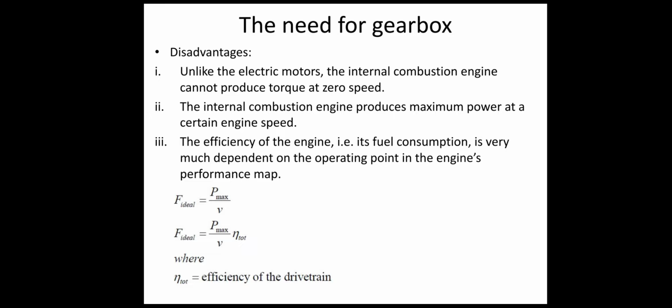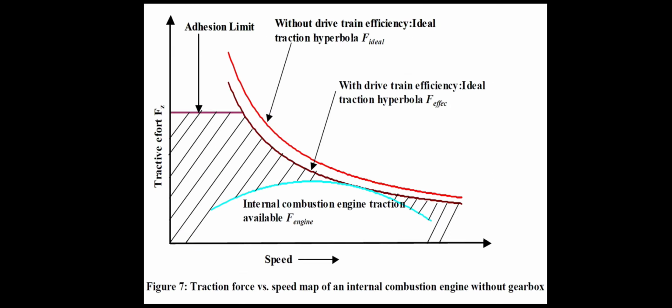If the full load engine power P max were available over the whole speed range, the traction hyperbolas would be as shown in this figure. Here we can see the speed versus the traction force F. If the speed is low, then we are in the adhesion limit, and the internal combustion engine traction is available as F engine.